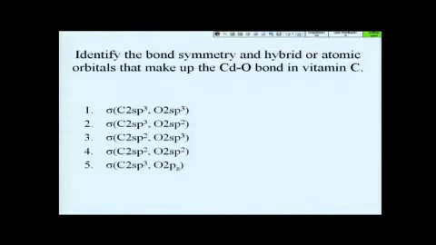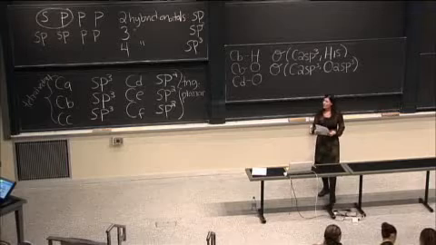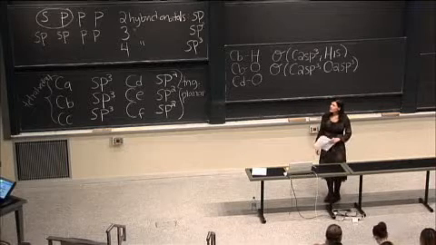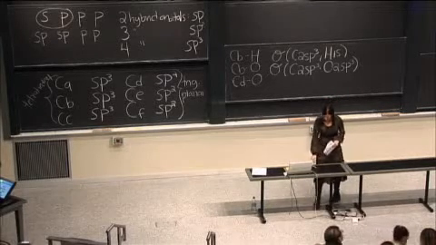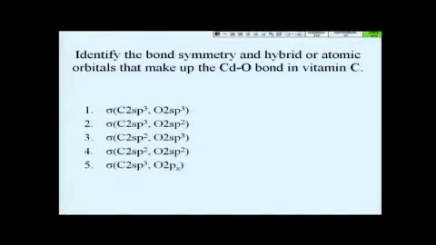So go ahead and look at your notes to see what that bond is. We already identified the hybridization of carbon D, so we really just need to think about the oxygen here. All right, let's take 10 more seconds.